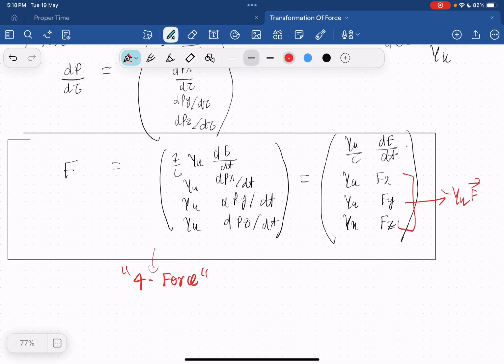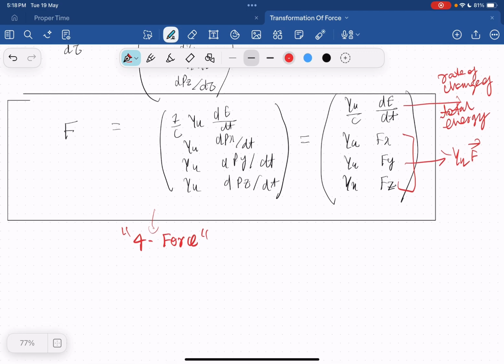This component gives you the rate of change of total energy of the particle, right?